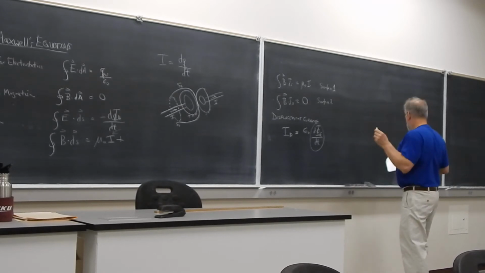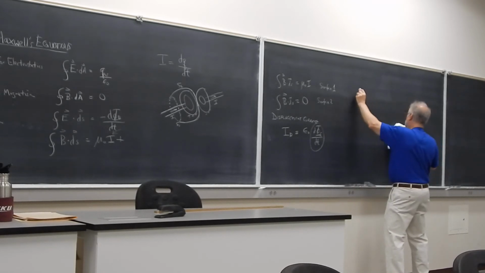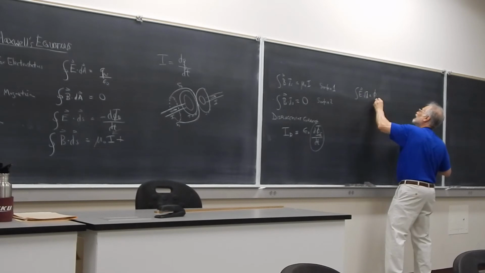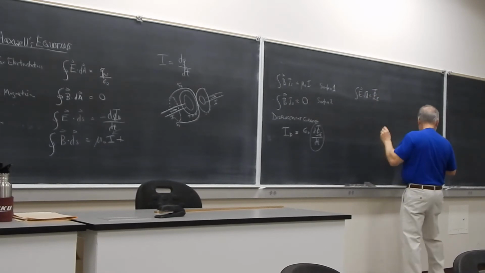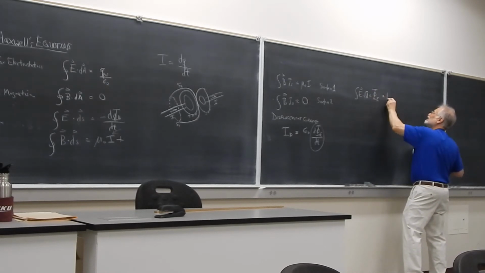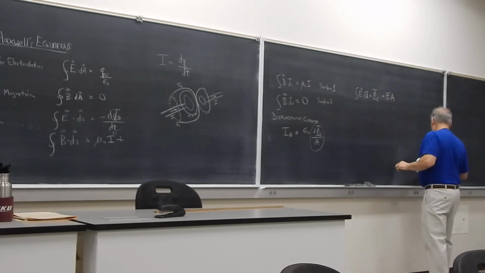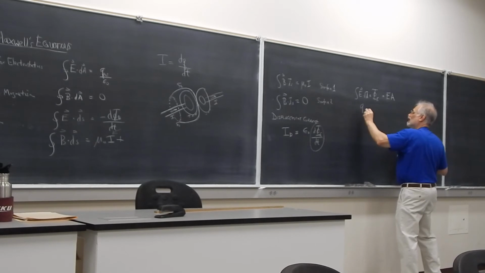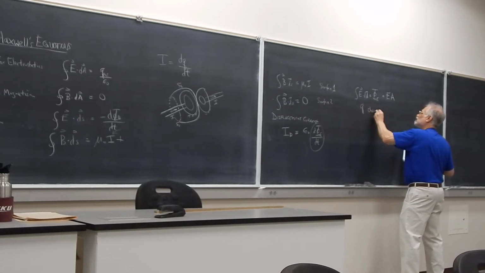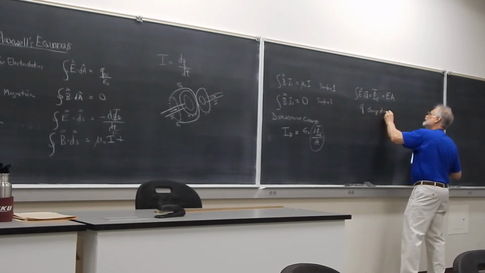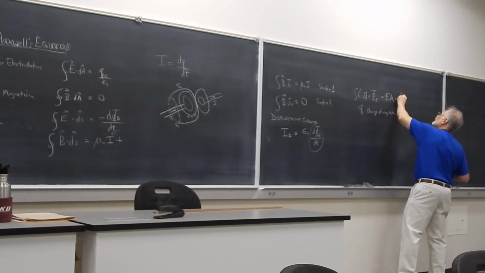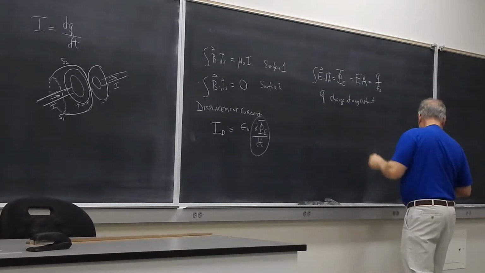Another way to look at this, notice that the electric flux through the surface, I can write E dot dA, is my electric flux. And that's going to be equal, in this case, very simply, E times the area of the plates. And if we know that Q is the charge on the plates at any instant, we can write the following expression.